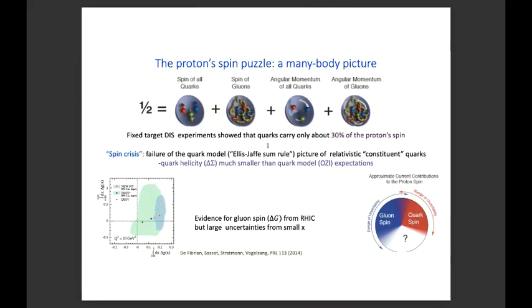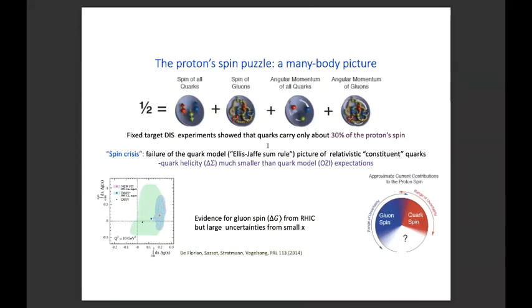And on the basis of that, in SU(3) flavor, you would argue that quarks should carry about 60% of the proton spin. So the current experiments suggest that only 30% is carried by quarks. So this is still a significant failure of this quark model picture. And the question is, why is that?